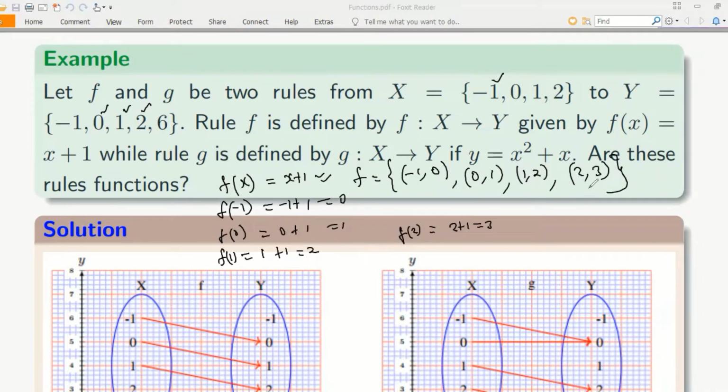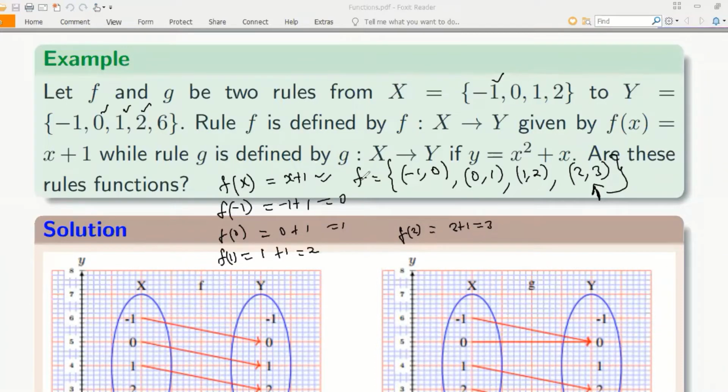This 3 is not in Y. You notice that 2 is supposed to be assigned element 3, but 3 is not in Y. What we have in Y is 6.